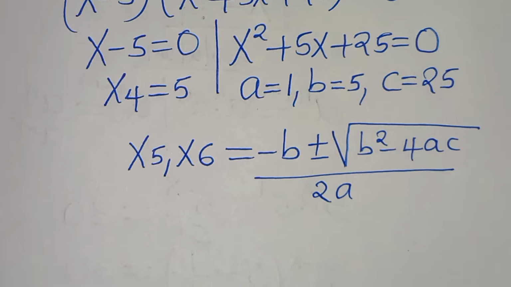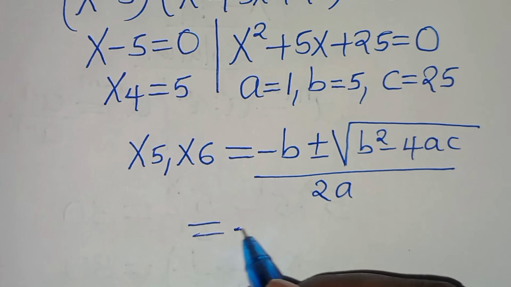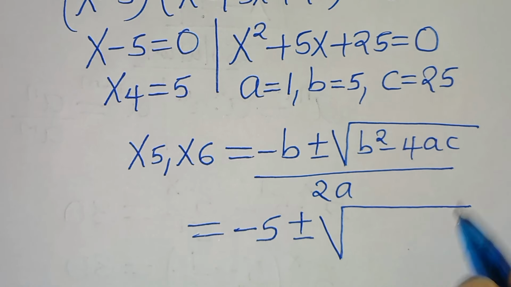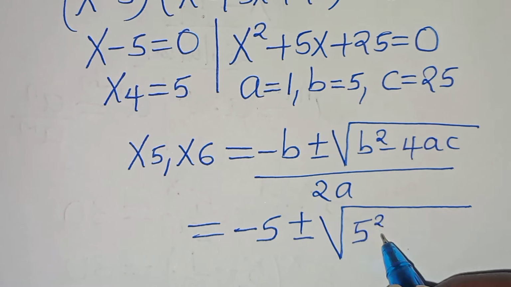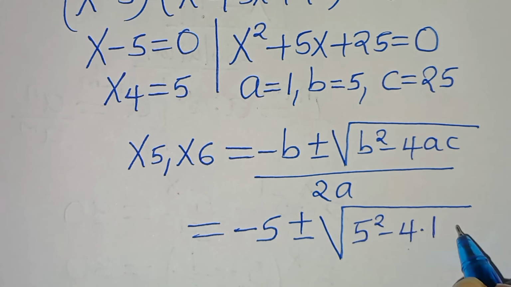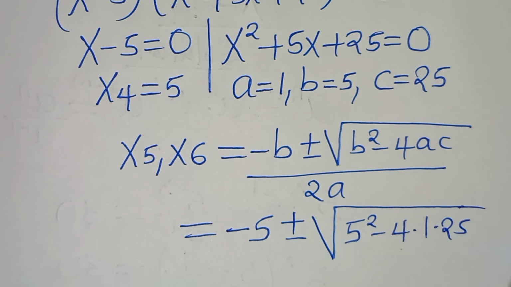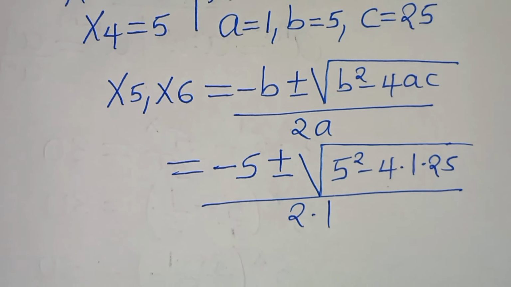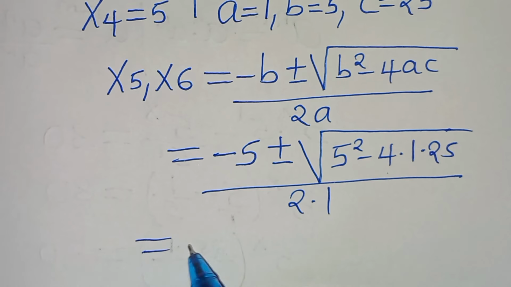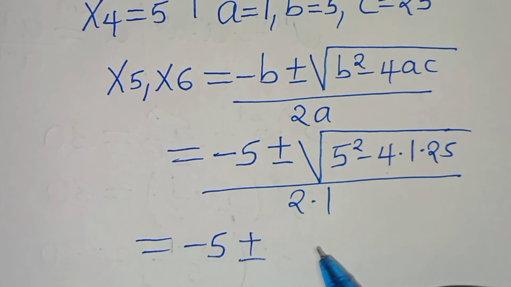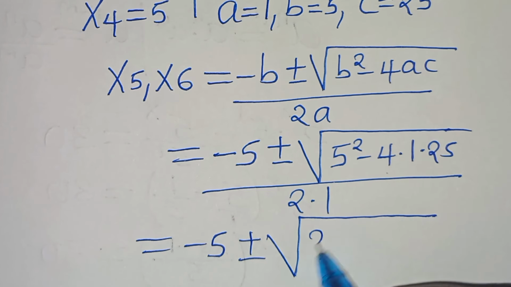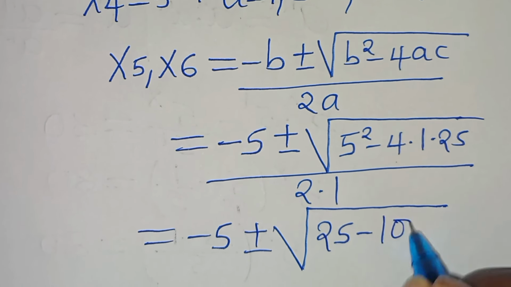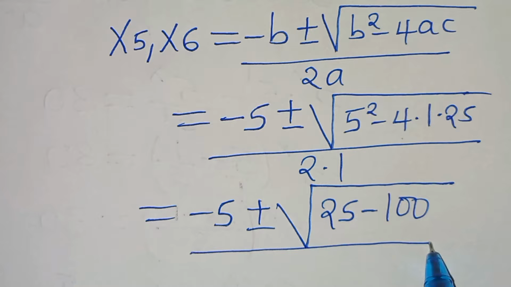Now let's substitute the values of a, b, and c so that we have minus 5 plus or minus the square root of 5 squared minus 4 times a, which is 1, then times c, which is 25, everything divided by 2 times 1. So this implies that we have minus 5 plus or minus the square root of 5 squared, which is 25, minus 4 times 25, this is equal to 100, everything divided by 2.